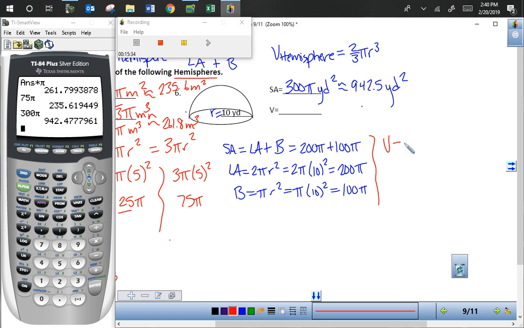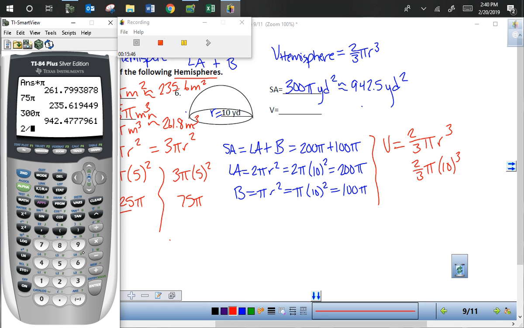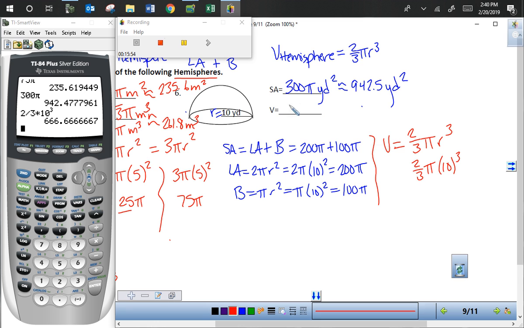Volume, we just have 2/3 pi r cubed, so that's 2/3 pi times 10 cubed. So 2 divided by 3 times 10 to that third power is, again, you have a couple options for writing this, 666.6 repeating with pi yards cubed, or you can change it to a fraction and call that 2,000 over 3 pi yards cubed.